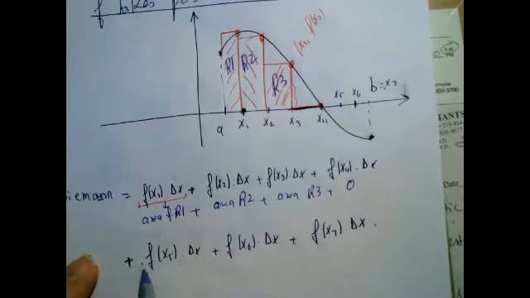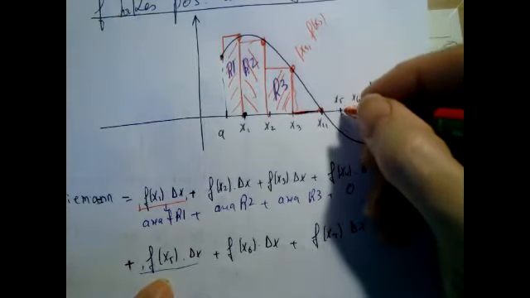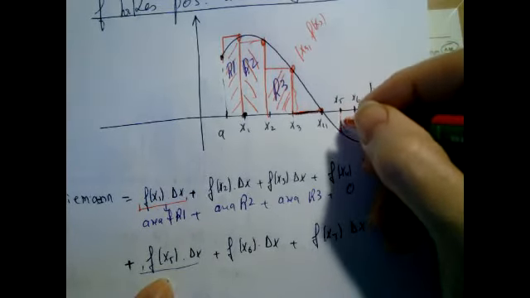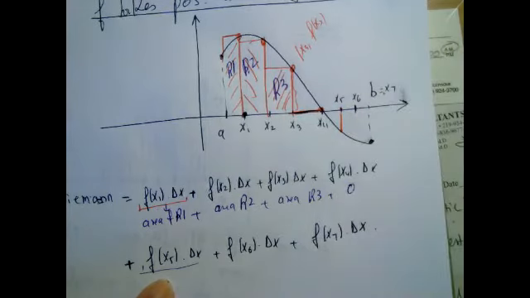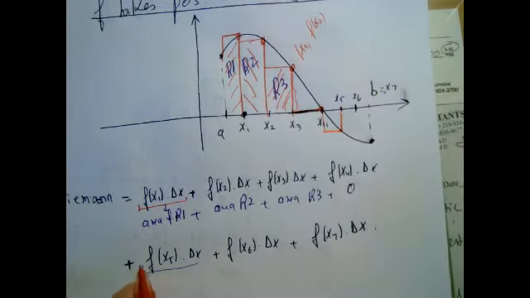Now, the question is here. That's really the question. So let me take f of x5. This is x5. F of x5 is negative. It's a negative number. And this is the delta x. So the question is, f of x5 times delta x represents what in terms of the picture?